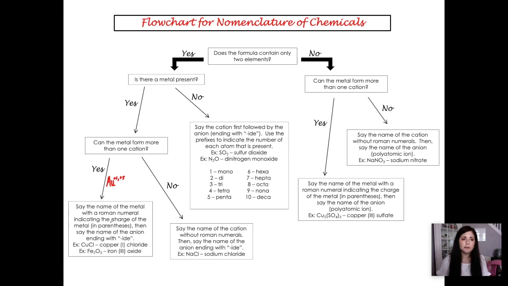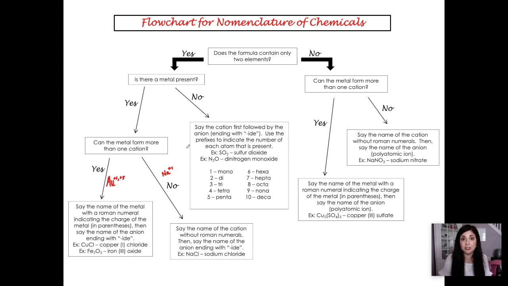However, sometimes you're going to find that the metal does not form more than one cation. And a great example of that is sodium. Sodium is an alkali metal, which is present in group 1 on the periodic table. Because sodium only has one possible charge, +1, you don't have to say sodium 1 because it's always 1.